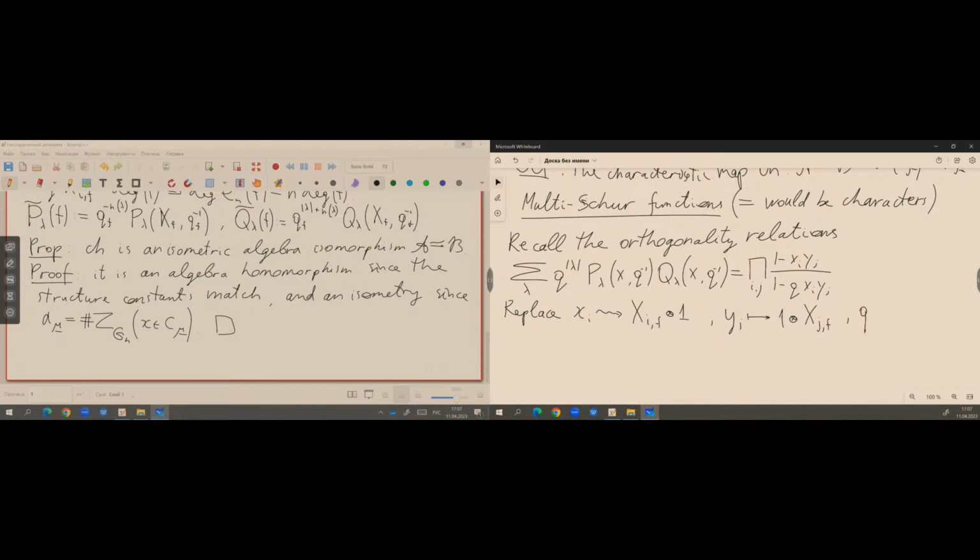Take q to be the corresponding q_f, the cardinality of the residue field, and get the equality: P tilde lambda of f tensor Q tilde lambda of f equals the product over i,j of (1 minus x_i^f tensor x_j^f) over (1 minus q_f x_i^f tensor x_j^f).